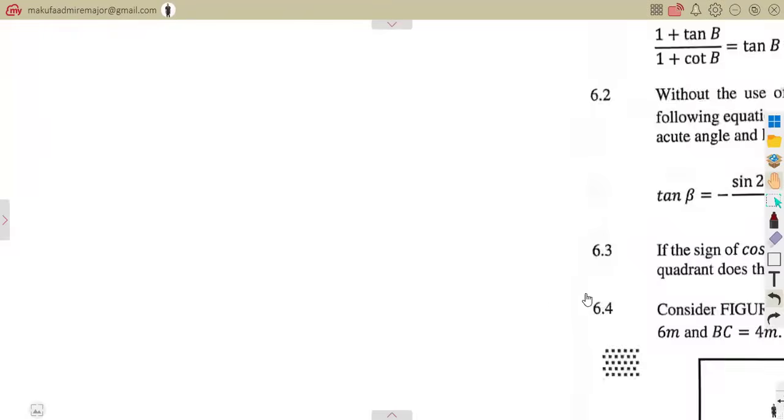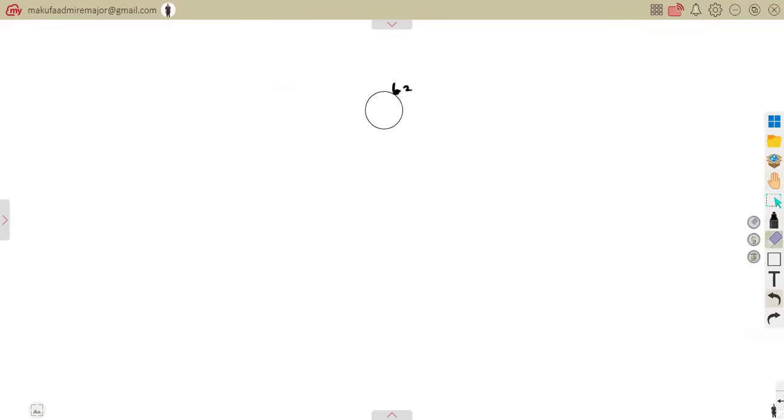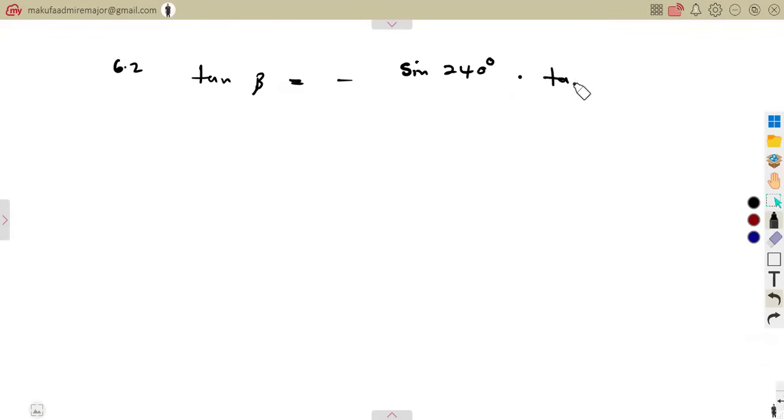Okay. Anyways, let's see. 6.2. So there we are given without using a calculator actually. So I'm just going to try and minimize a little bit. So that is the tan of beta is equal to minus the sine of 240 degrees times the tan of 150 degrees, everything over the cos of 300 degrees.